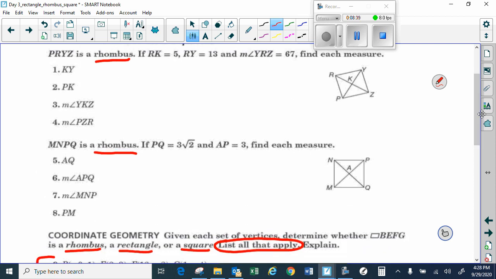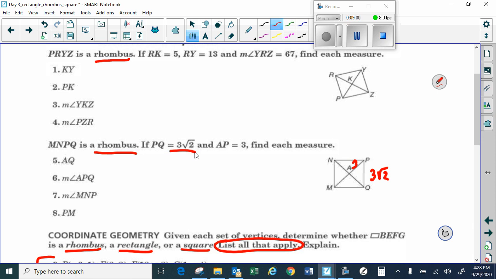Okay, so let's go ahead and look at our problem here. We'll go ahead and deal with this right here since we have a radical involved. If the length of PQ is 3 root 2 and AP is 3, find each measure.